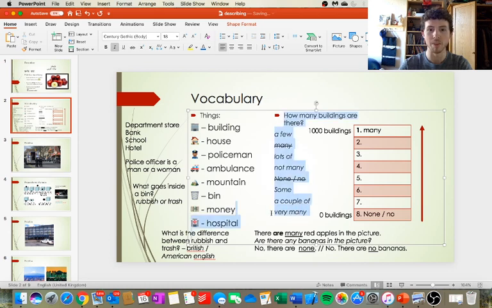What about very many? There are very many buildings.